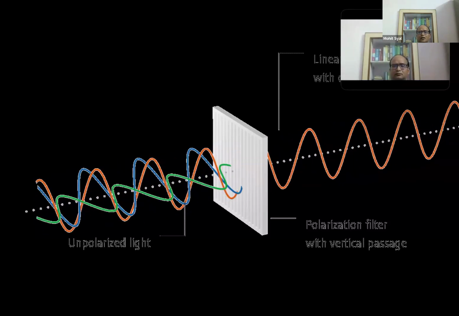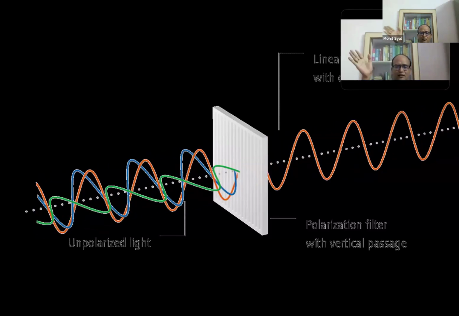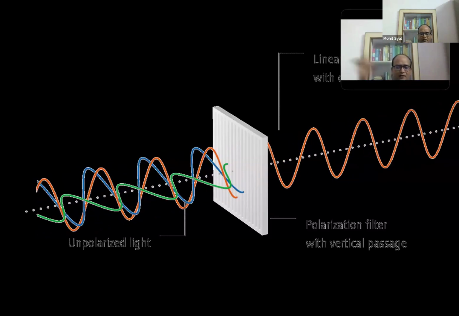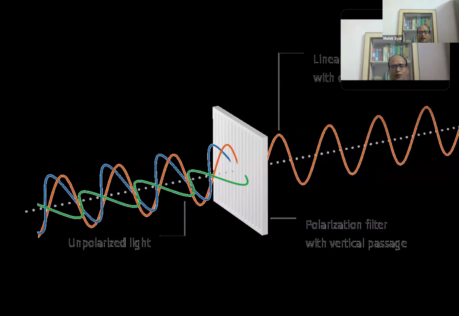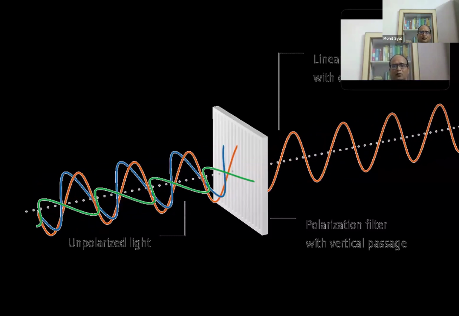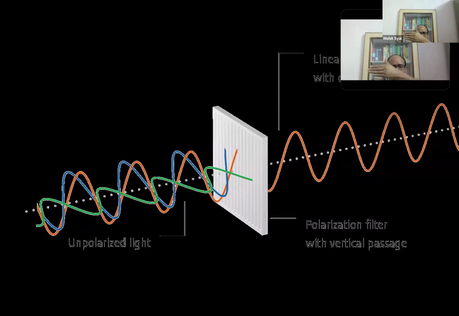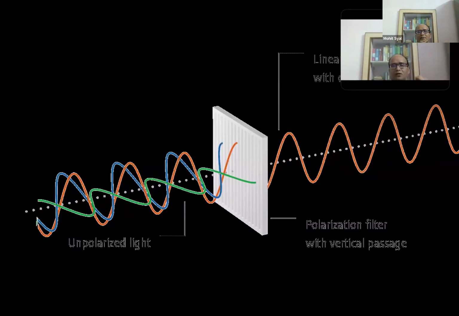Yes, sir. And this is known as the light coming out on the right hand side, the red colored wave light. This light is represented by a wave because it is electromagnetic. This is known as polarized light, and it is passing through the vertical plane. And this is the polarizer filter which we are having in the polarimeter.